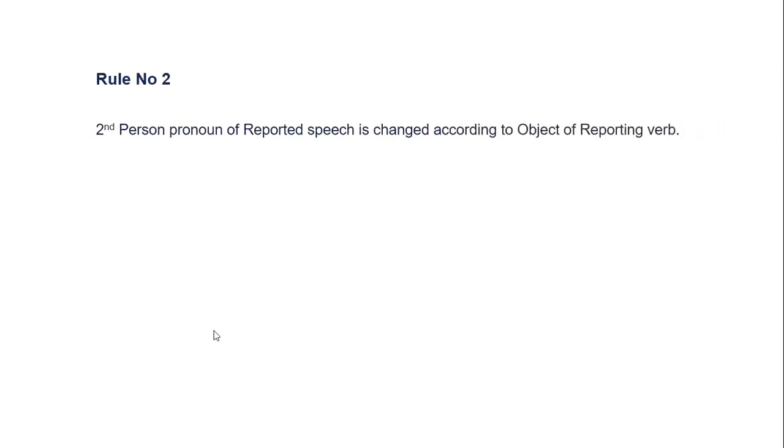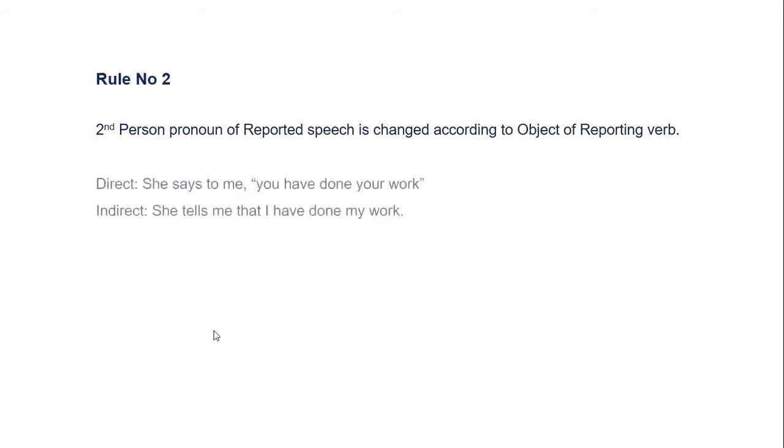The second rule is that the second person pronoun of reported speech is changed according to the object of the reporting verb. So let's see an example. She says to me, you have done your work. Indirect speech is she tells me that I have done my work. Here you is changed to I. So you is changed according to the object of the reporting verb.